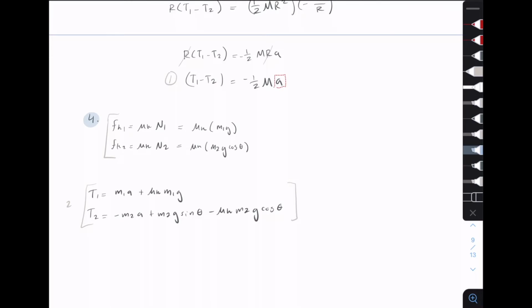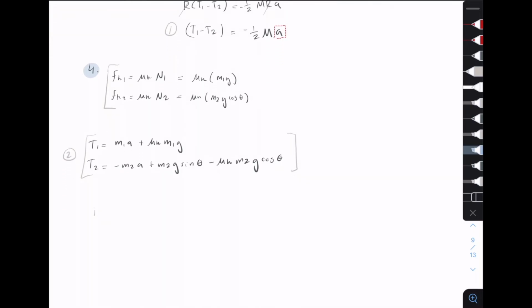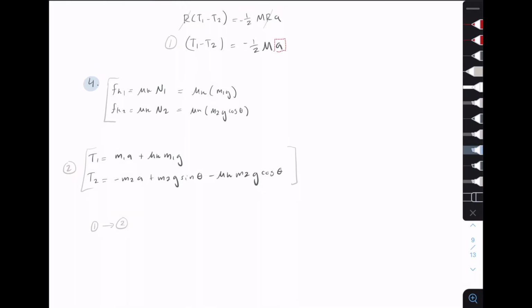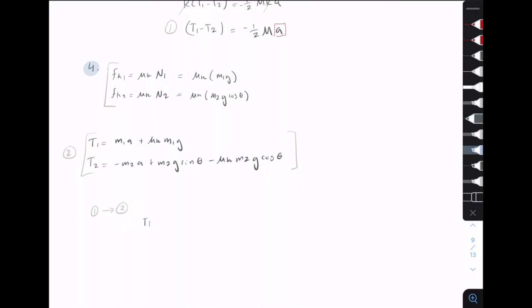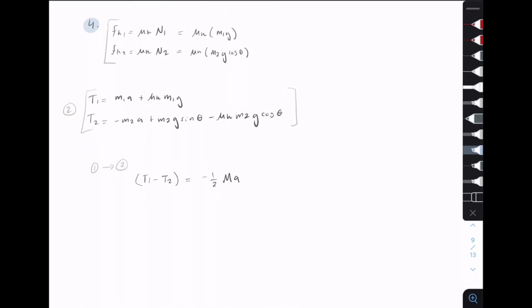So we're going to take equation 1 and sub in number 2. We have T1 minus T2 equals negative 1/2 MA, and then we're going to plug these in.